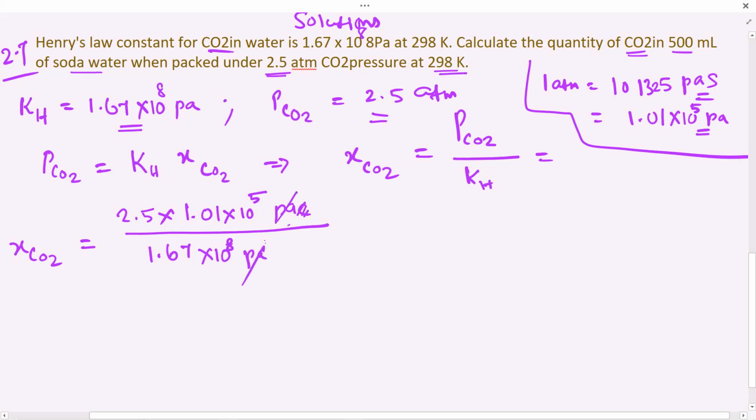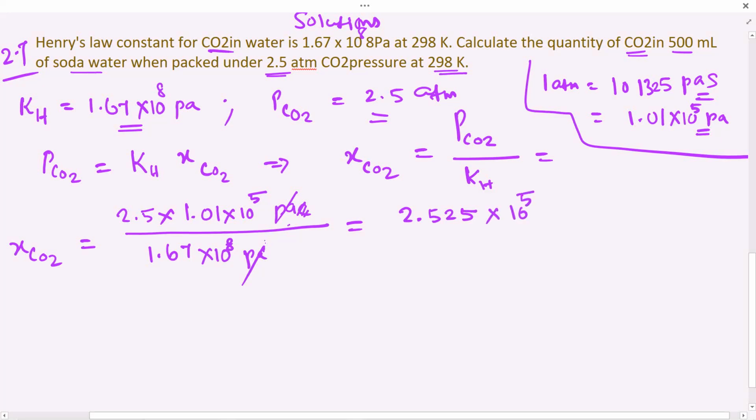So Pascal gets cancelled. So 2.5 × 1.01 can be written as 2.525 × 10^5.